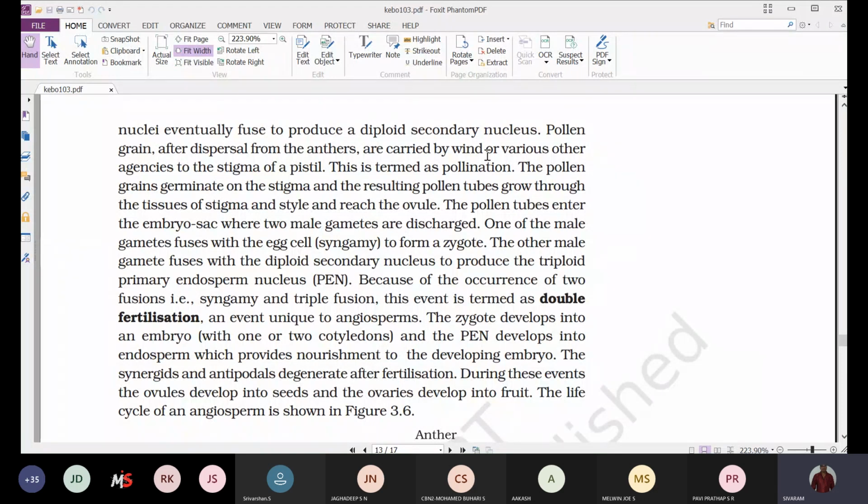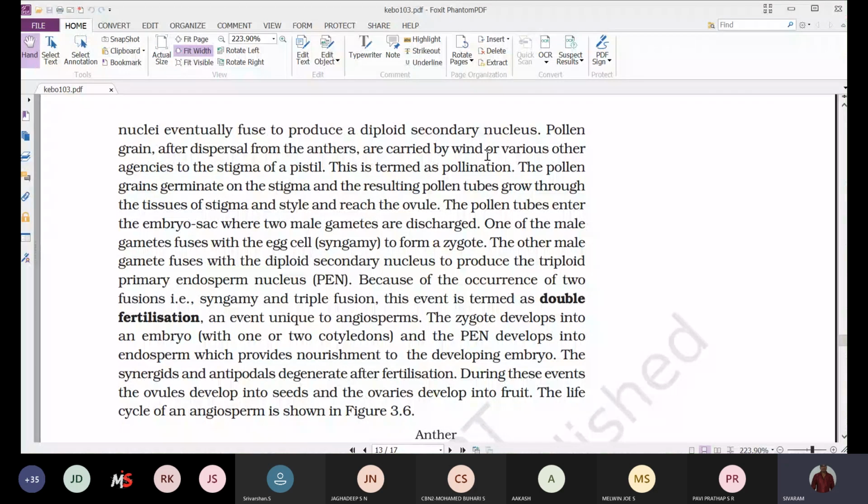They take the help of different agents, and finally the pollen grains are transferred onto the stigma of a pistil. The process of transfer of pollen grains from anther to the stigma, we call it pollination.